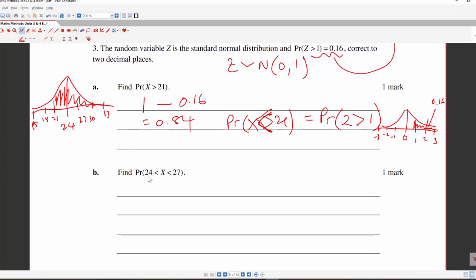Now we want to get the probability that it's between 24 and 27. So there's 24, there's 27. I know that half of this, from 24 to positive infinity, will be 0.5. And all I want to do then is remove this part here to get 24 to 27. So I only want this part here.